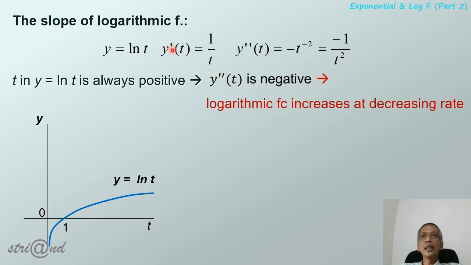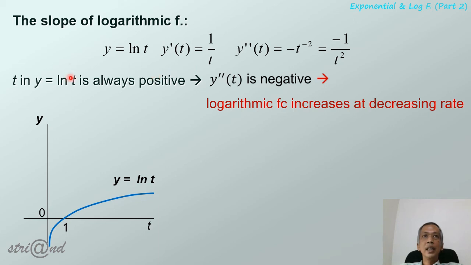And then the second derivative, so the derivative of this derivative, using the simple power rule for derivative, is negative t to the power of negative 2, or we can also write it as negative 1 divided by t squared.